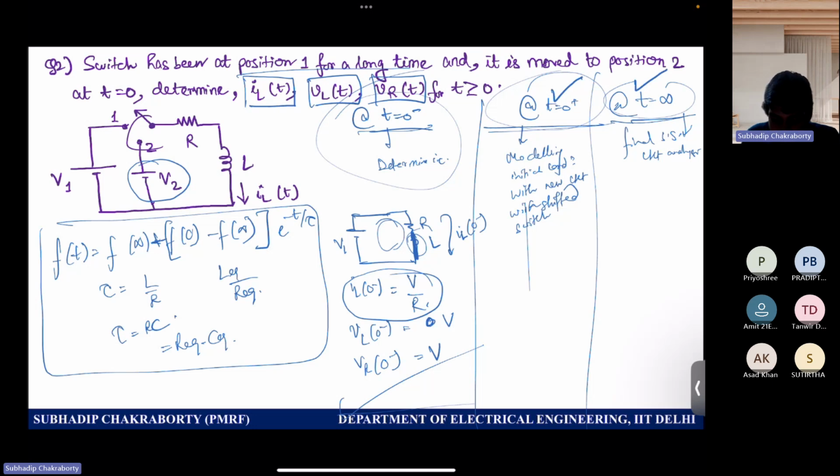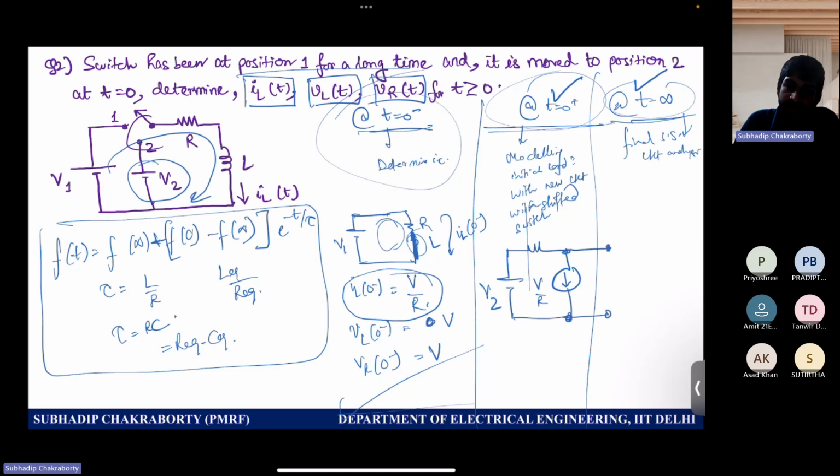Switch position at 2 means V2, but the inductor needs to be modeled with 0 initial condition plus initial condition. The initial condition is a current source of strength V by R, but I need an open circuit because an inductor with 0 initial condition should not have any current, but it has current. So open circuit in parallel with V by R.